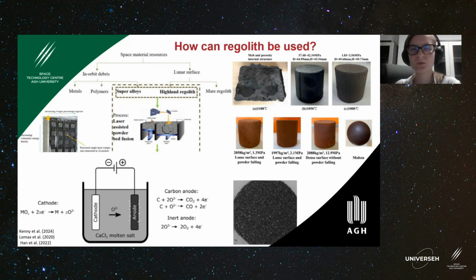alloy. So the idea of the researchers that conducted this study is that in the future there will be remnants of spacecrafts that came to a planet, and they would contain superalloys.